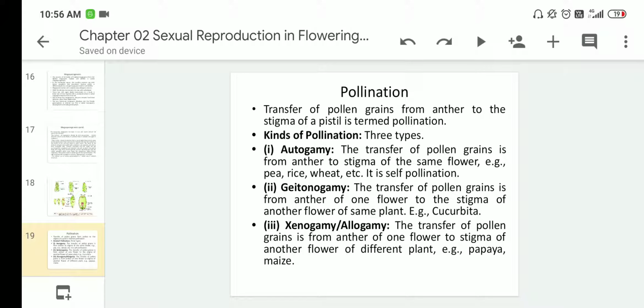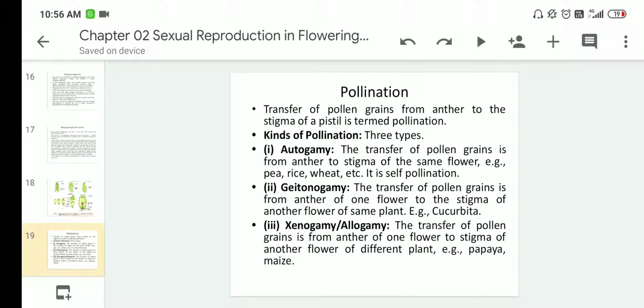For example, in cucurbits, pumpkin, bottle gourd, or other such plants where male and female flowers are formed separately on the same plant. If pollen of the male flower reaches the stigma of the female flower of the same plant, such conditions are deuterogamy. It is still self-pollination.